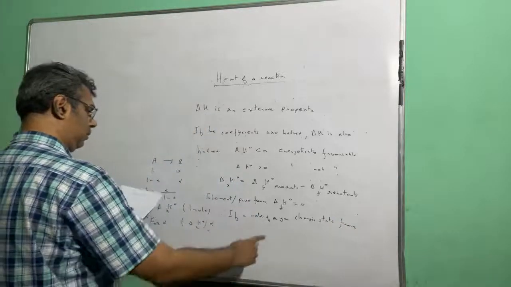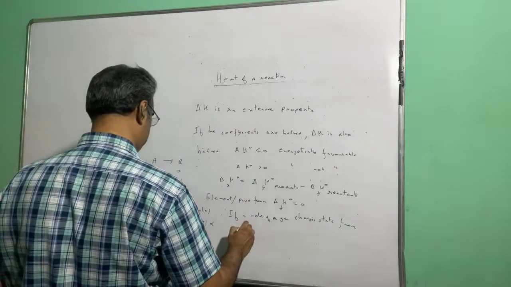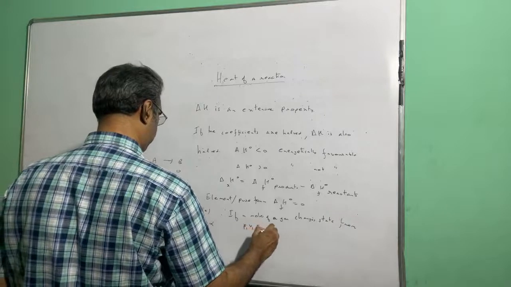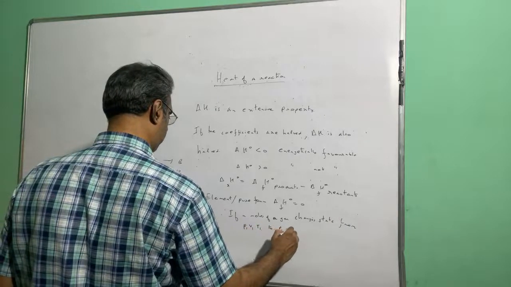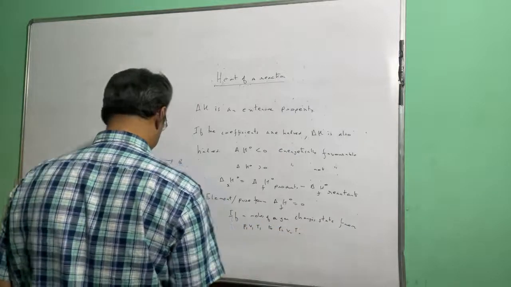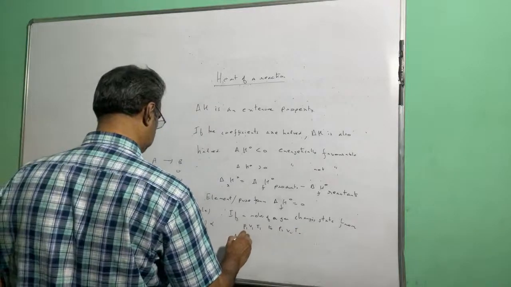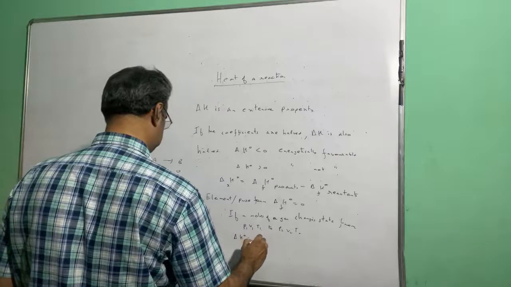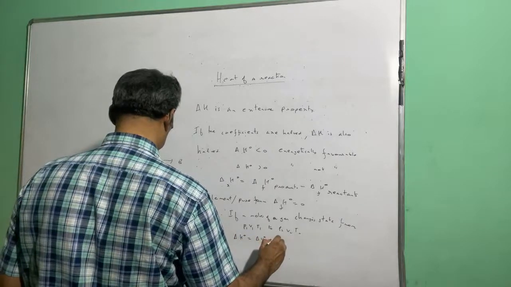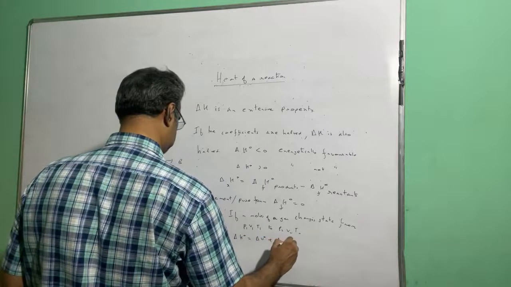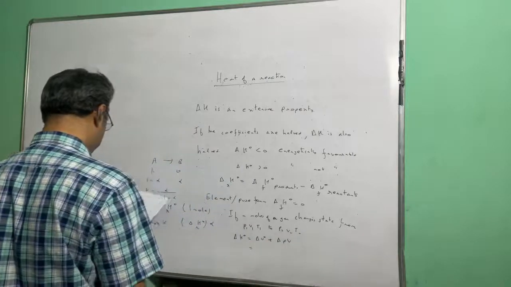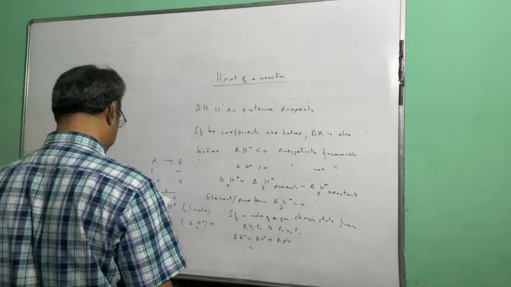Now suppose n moles of a gas changes state from P1 V1 T1 to P2 V2 T2. So delta H naught is delta U naught plus delta PV.